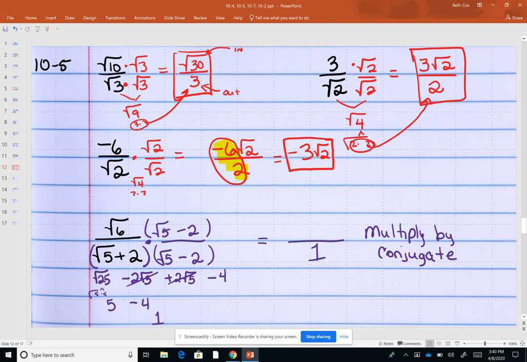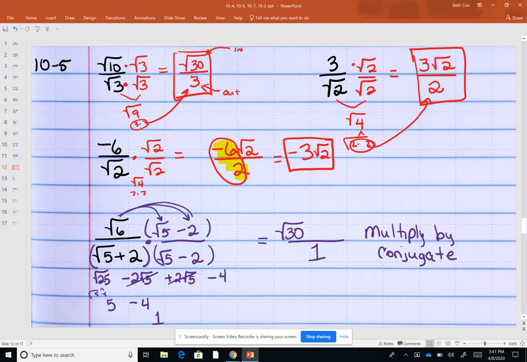Okay? And as a fraction, you know that you don't really need that 1 in the denominator. So I'm going to be able to get rid of that in a few seconds, but I'm going to leave it there for right now. Now I'm going to do my numerator. My numerator, I'm just going to distribute. And so the square root of 6 times the square root of 5 is the square root of 30.